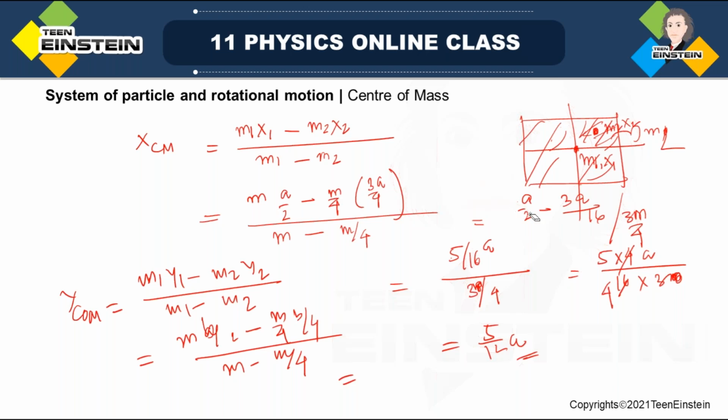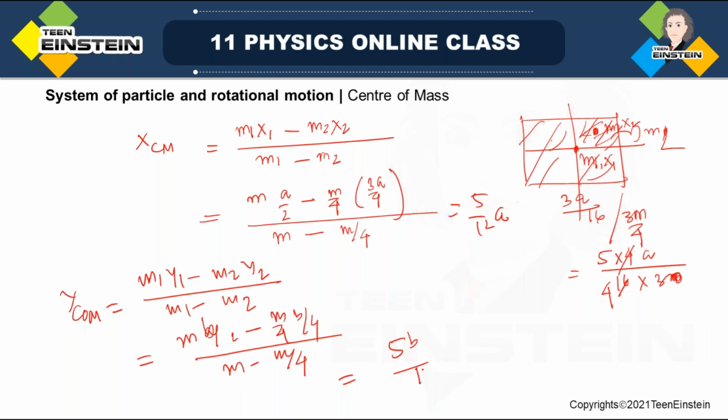We have got one coordinate, I will just erase this part. The answer was 5 by 12 into a. The calculation seems the same, so this also will be 5b by 12. So we have the center of mass coordinates 5a by 12 and 5b by 12.